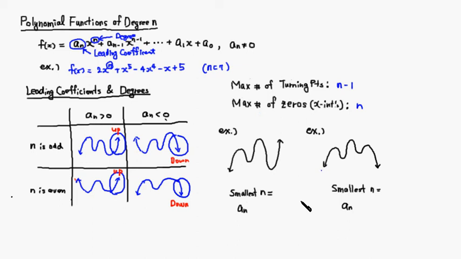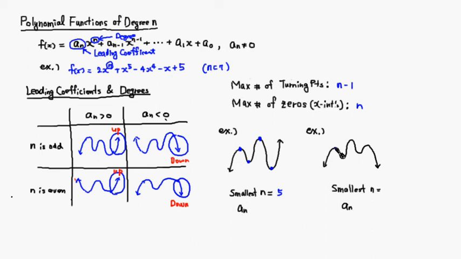So let's look at these two examples. Here's the graph. Then you look at the turning points. It turns here, here, here, and here, so it looks like 1, 2, 3, 4 turns. The smallest possible degree that can have 4 turns would be degree 5, because the number of turns is one less than the degree.